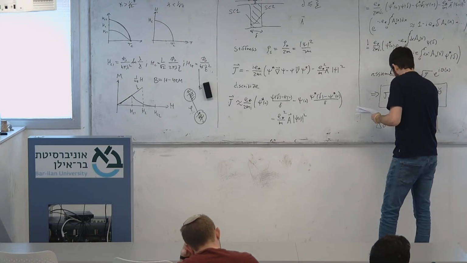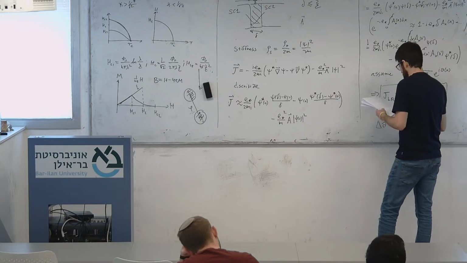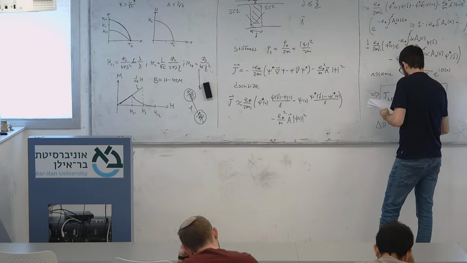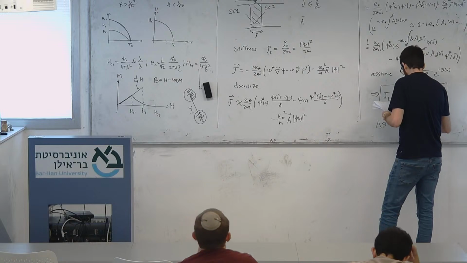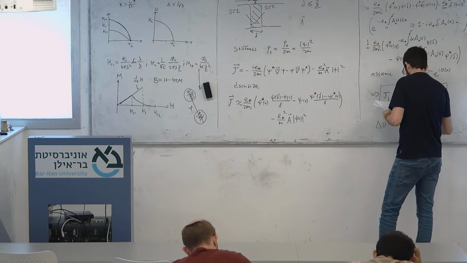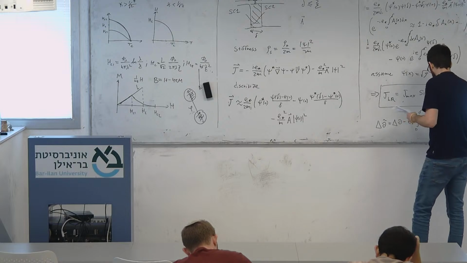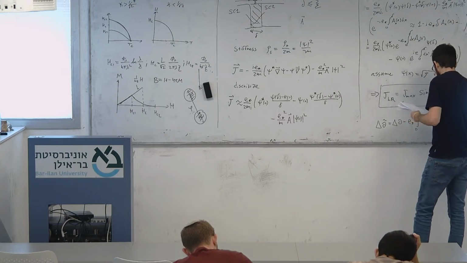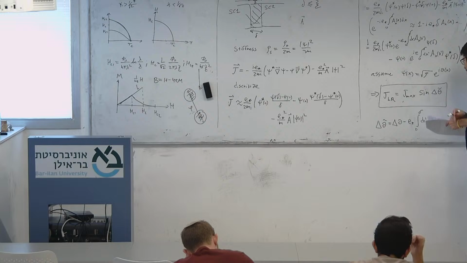It's basically the phase difference of the superconductor minus E star integral from 0 to delta dx prime A_x of x prime.